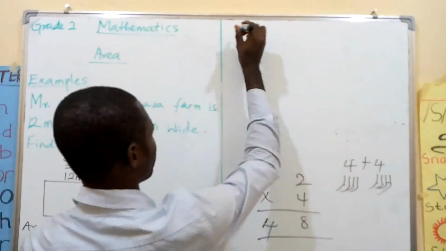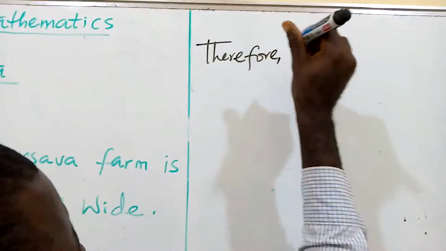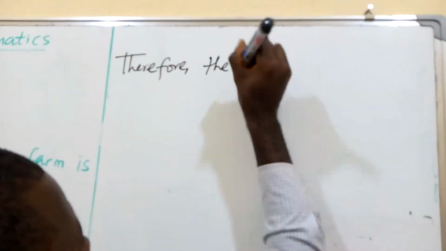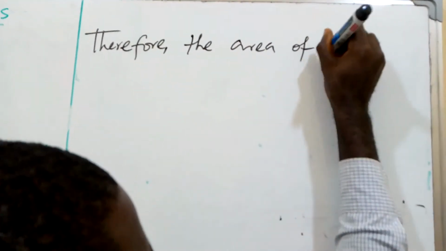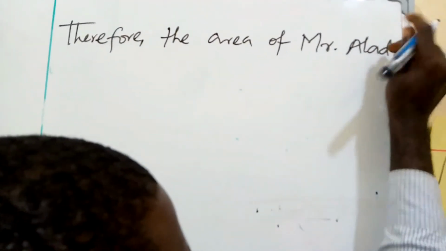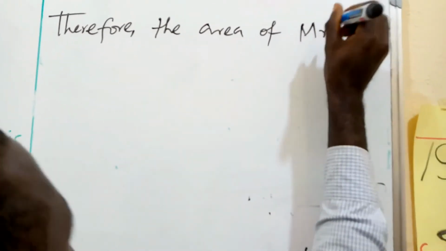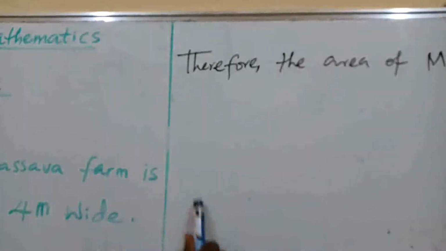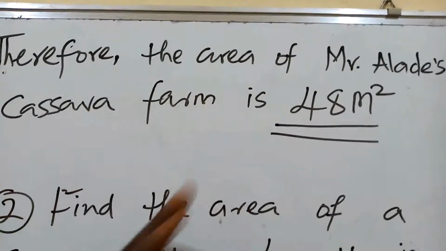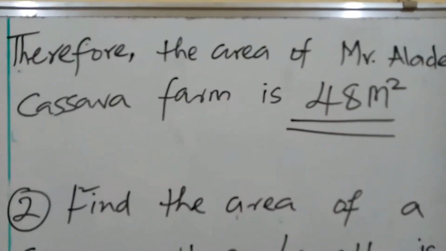From our answer there, say therefore, the area of Mr. Alade's cassava farm is 48 meters square. Alright, that is all for number 1.